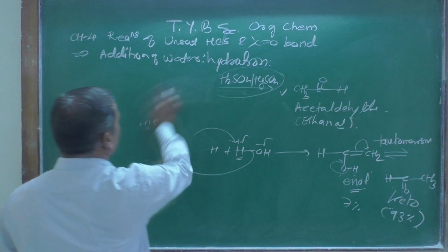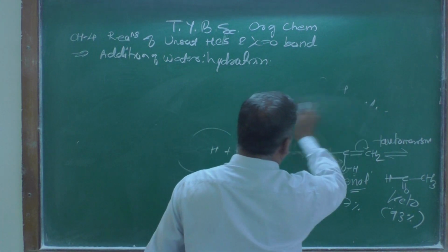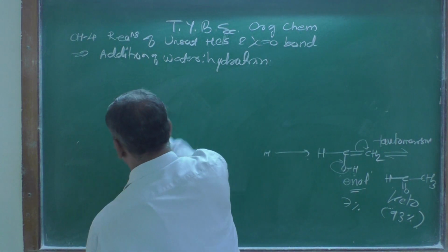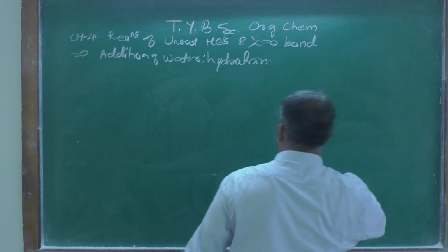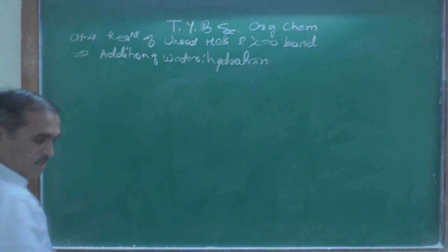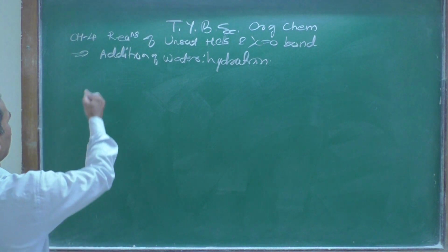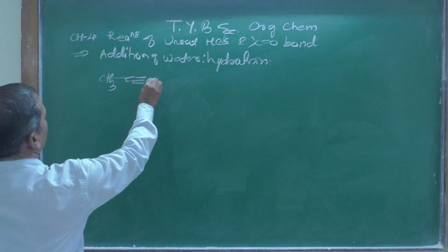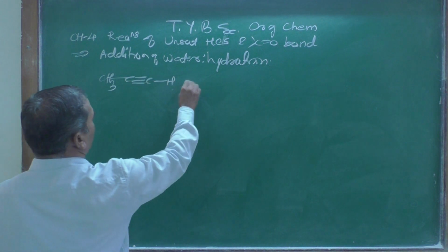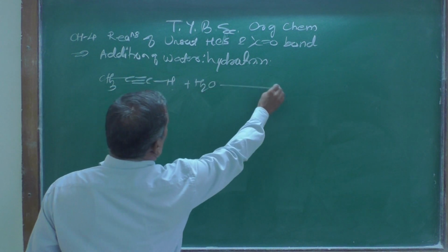Now let us see another example, a second example, where we can see how we get this type of reaction. Look here: CH3, C triple bond, CH, treated with H2O.